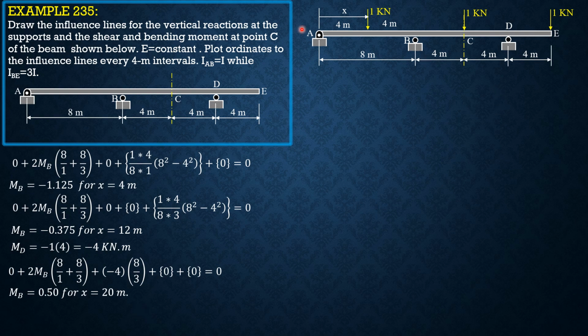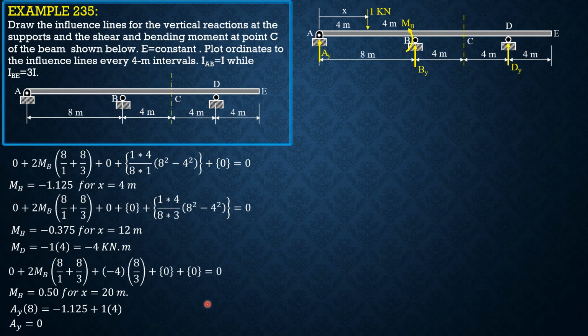Having found MB, then we draw the moment free body diagram for portion AB, and the position of the load is here, unit load, and let's have MB. So considering AB, summation of moment about B equals 0, we can have AY when the unit load is here. So AY times 8 equals MB, which is negative 1.125 when x is 4, plus 1 times 4.